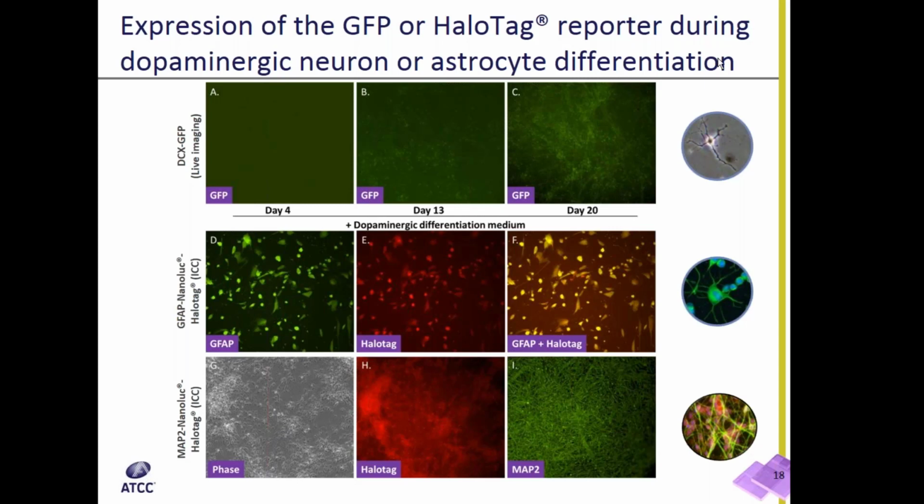The top panel shows the time-dependent expression of GFP in doublecortin P-GFP reporter line incubated with the dopaminergic neuron differentiation media. Therefore, we can monitor the progress of mature neuron differentiation by GFP imaging.